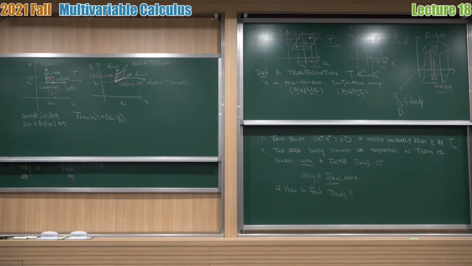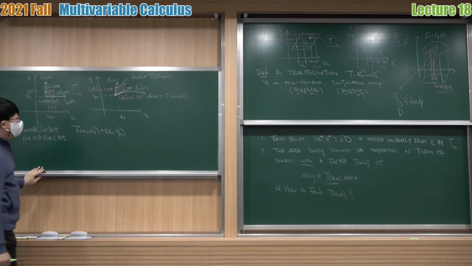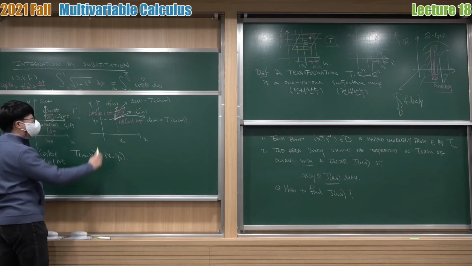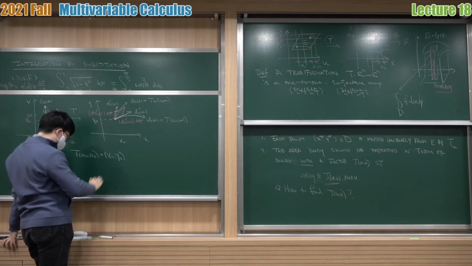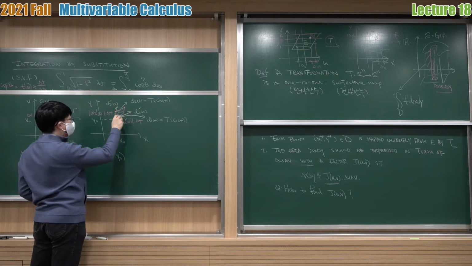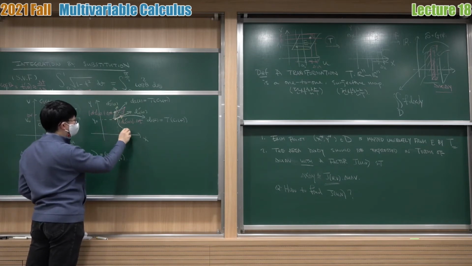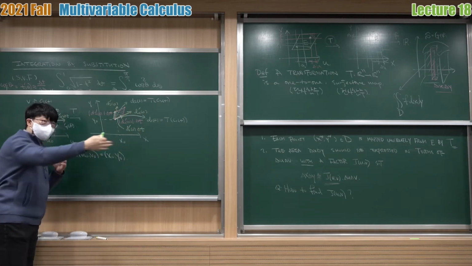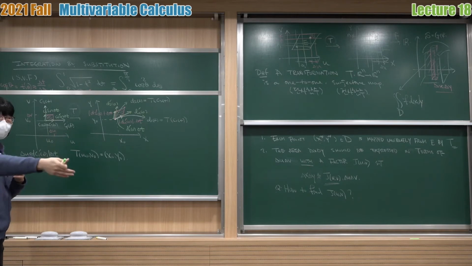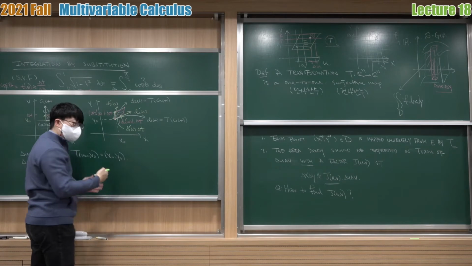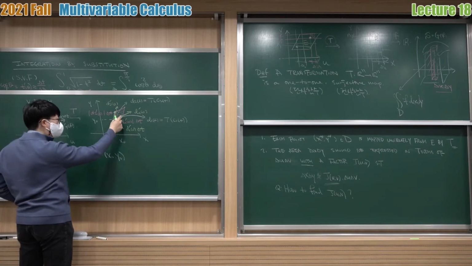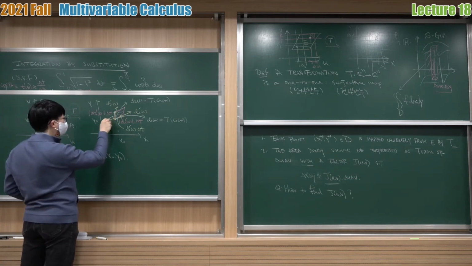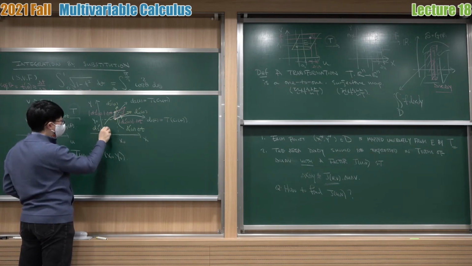Let's leave it here. Then let's talk about how to find the area of the parallelogram bounded by these two vectors. This vector is D1 prime 0 delta t. D1 prime 0 could be a long vector, but we're not moving for one unit of time, only delta t, so it should be a very short vector. And this is also D2 prime 0 delta t.